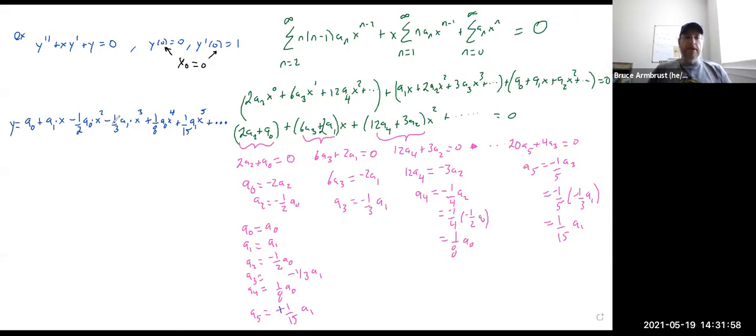So we actually have the first 6 terms. At this point, we've built the first 6 terms of this function.